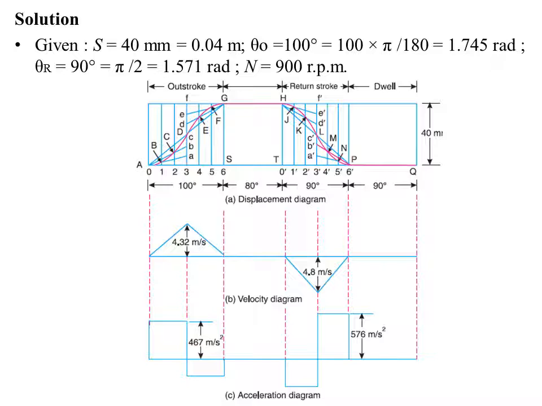Now this vertical line 3 to 3 dash has to be divided into the same number of equal parts as the outstroke and return stroke. So it is 6. Divide the vertical midpoint line 3 and 3 dash into 6 equal parts and represent them as A, B, C, D, E, F, and again A dash, B dash, C dash, D dash, E dash, F dash.